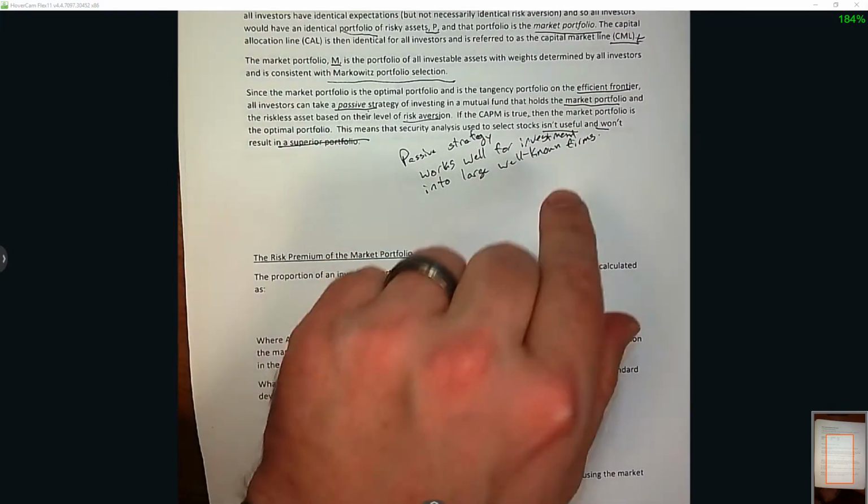When you get out of these large, well-known firms, these investment managers fairly consistently said, if you're looking at small companies, if you're looking for companies in kind of different industries, so for example, if you're looking at companies that specialize in natural gas drilling, well, that is a very specialized industry.